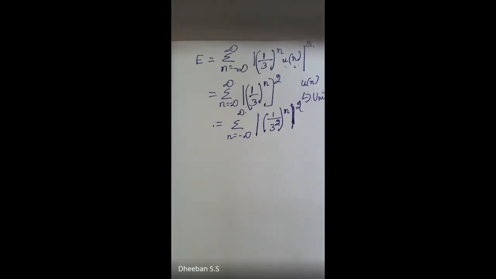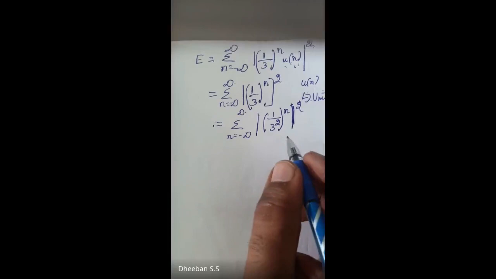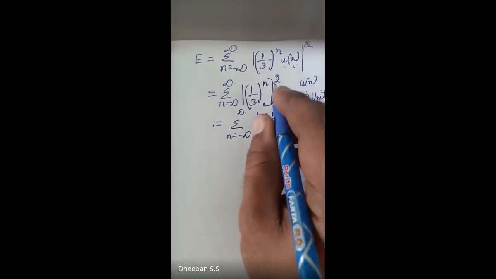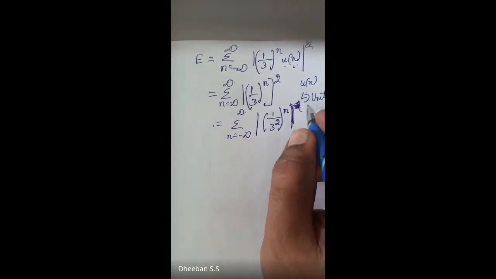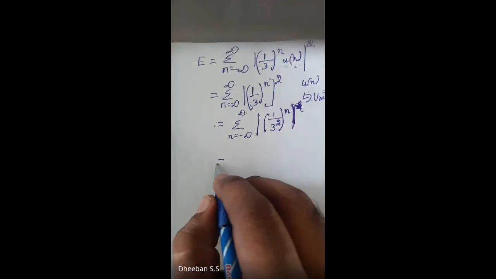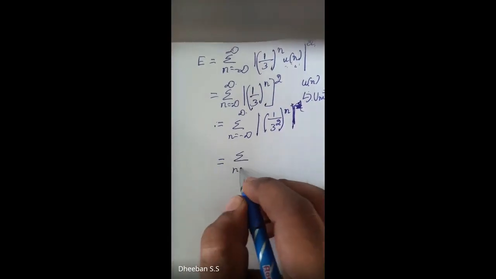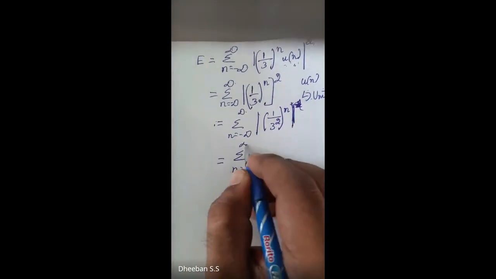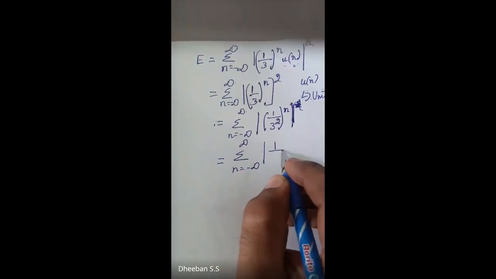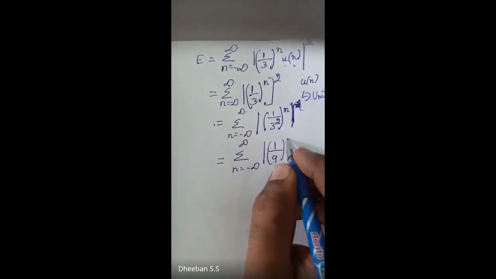Now this square you are bringing inside. 3 square gives us 9, so (1/9) the whole power n.